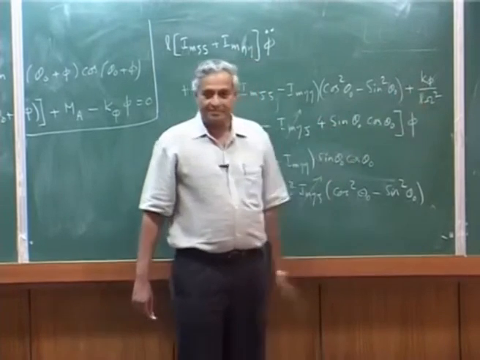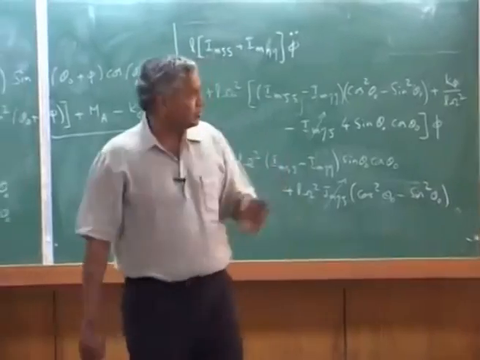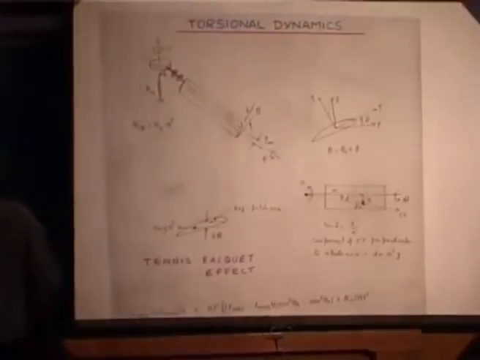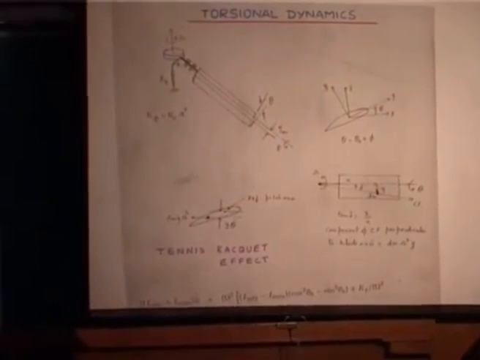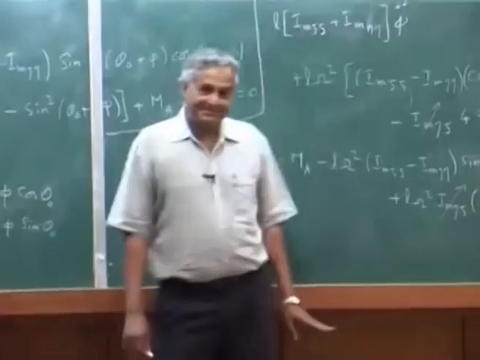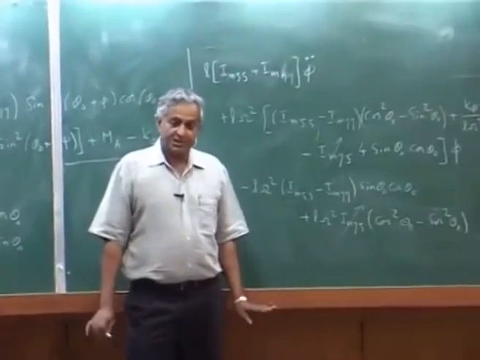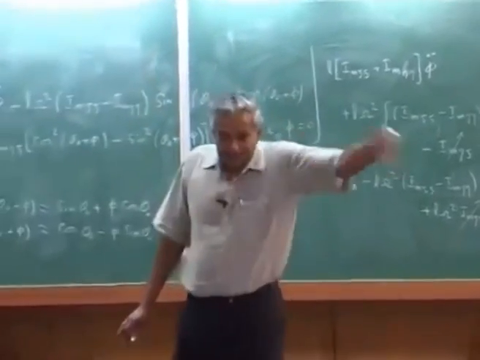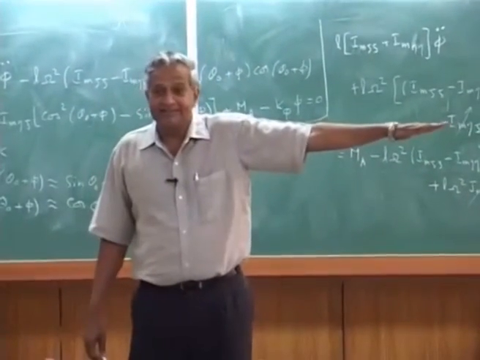Suppose it is a hinge point, there is no spring, then you will find phi will be exactly equal to minus theta naught. That means the blade will always come flat.